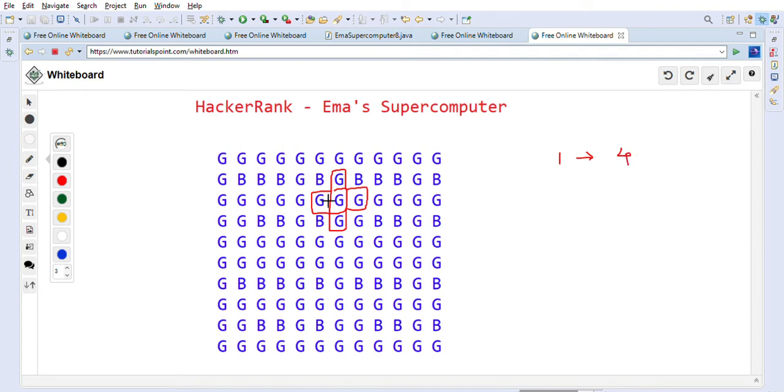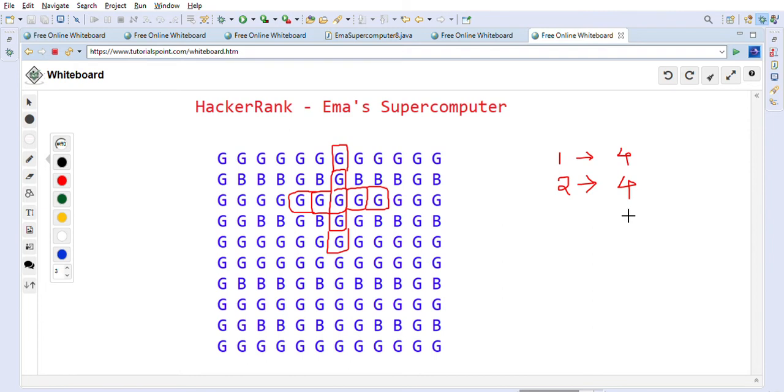Now I will try to expand it one more time and see if that expansion is possible. So here I will expand: 1, then this is 2, then this is 3, and this is 4, correct? This is also possible because all are good cells, right? So this is my second expansion. The second expansion will add 4 more cells.